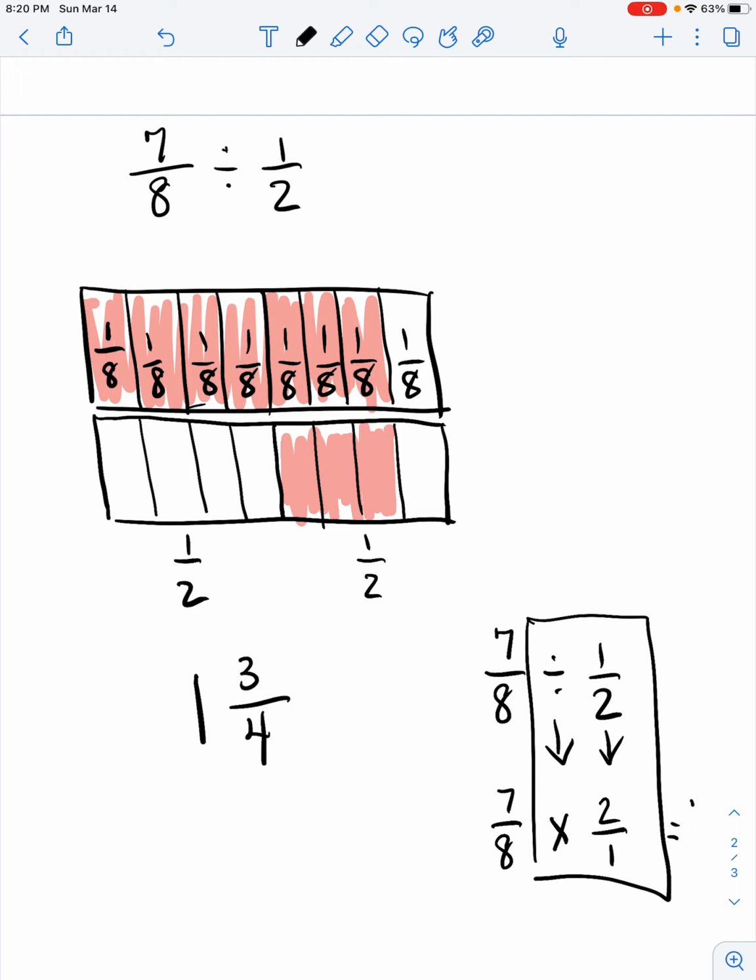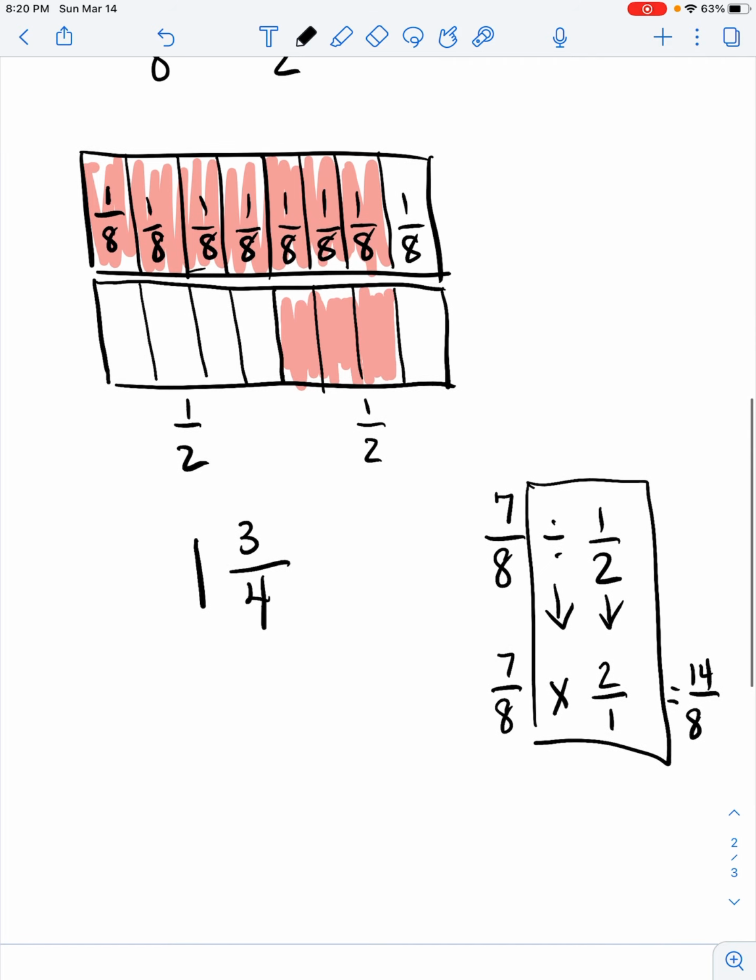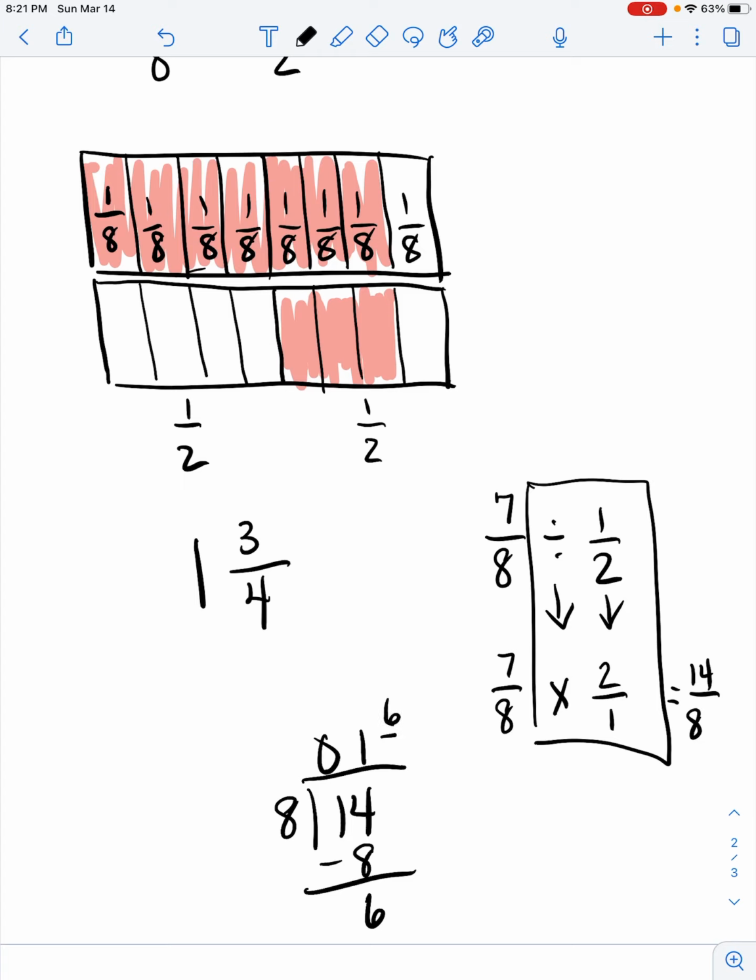And we get 14/8. Okay, this goes in one time with 6 left over. And so we have 1 6/8, and 1 6/8 is obviously equal to 1 3/4.